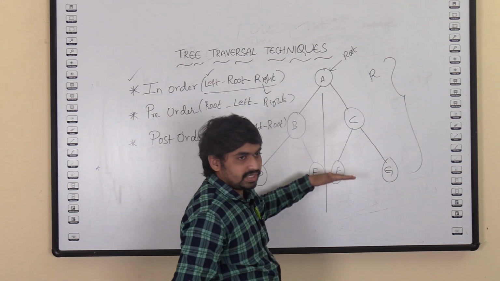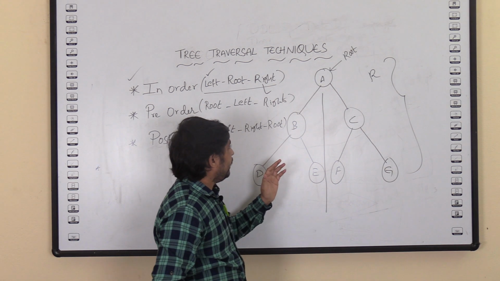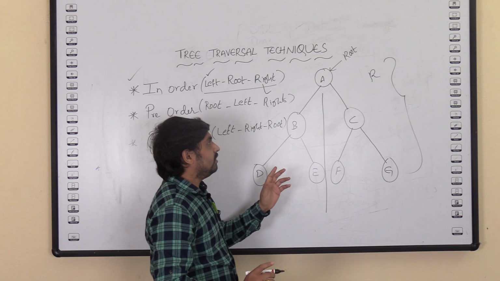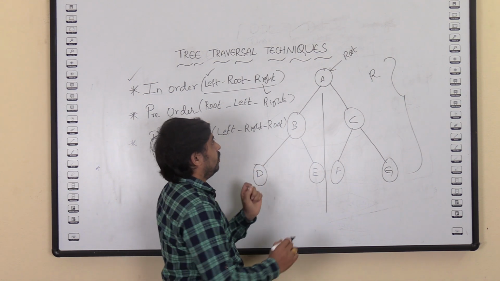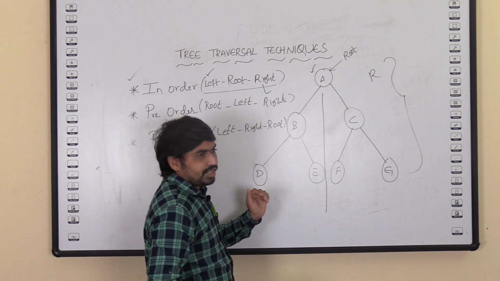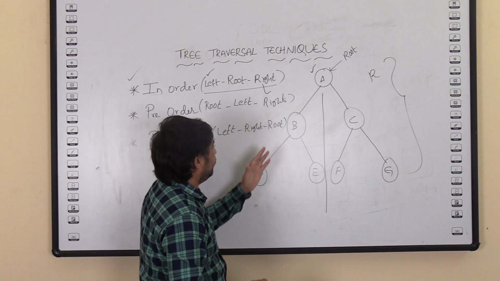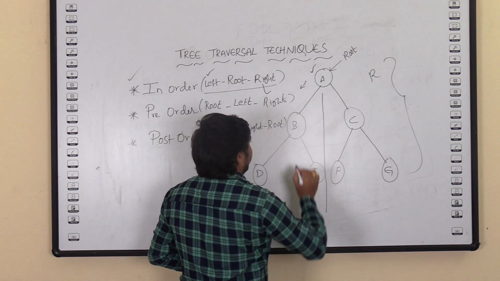I will check this tree, then move into the left side. In this tree, we first identify the root node, which is the root node of the tree. In this condition, in the in-order technique, we choose the left side. I moved into the left side.